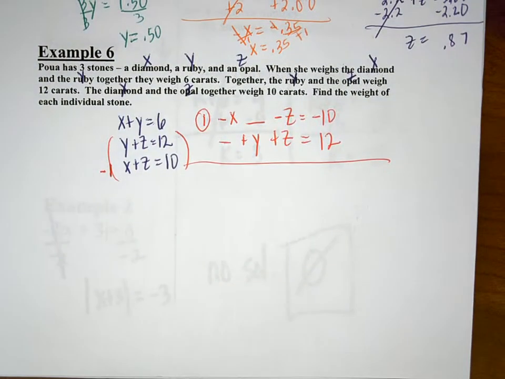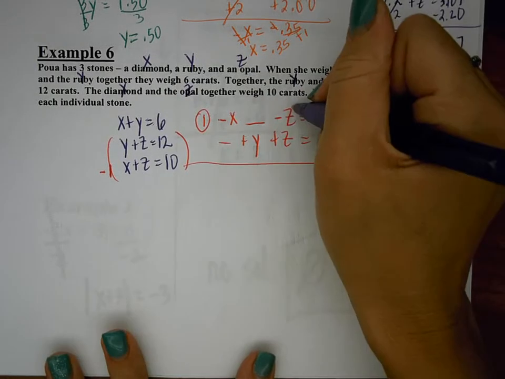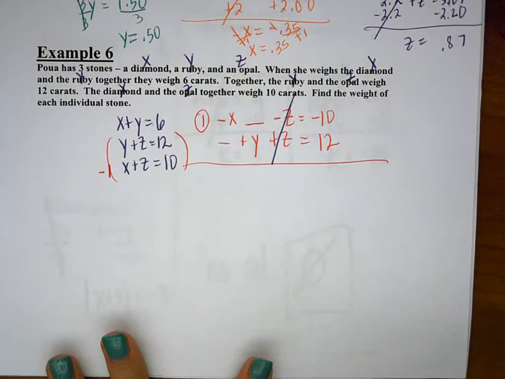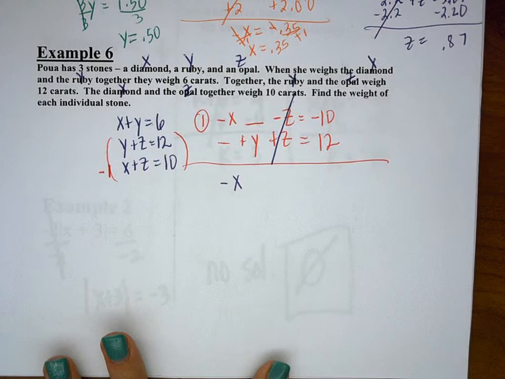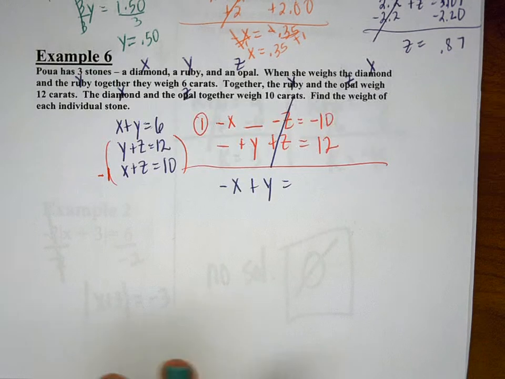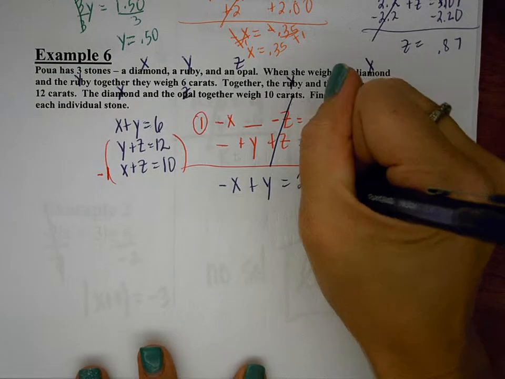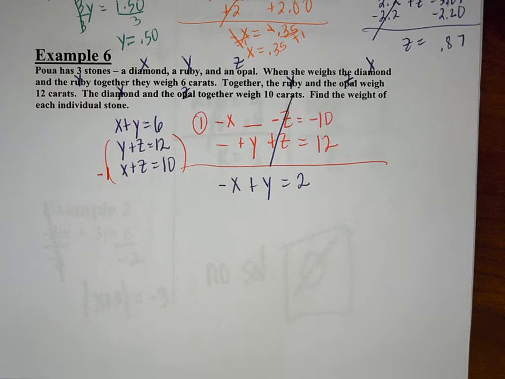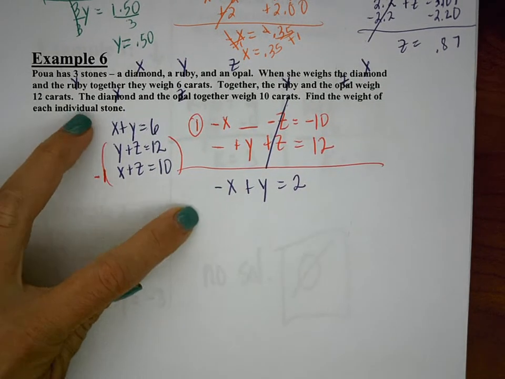So the whole purpose was for the z's to cancel out, right? Which they do. And I have a negative x plus y equals what? 2. Perfect. Okay, now this one is already x and y, right? And if you look at these, do you have to do anything to make them cancel out?